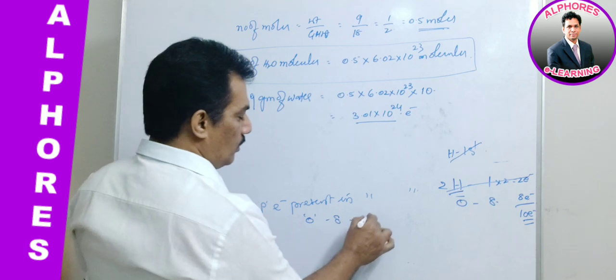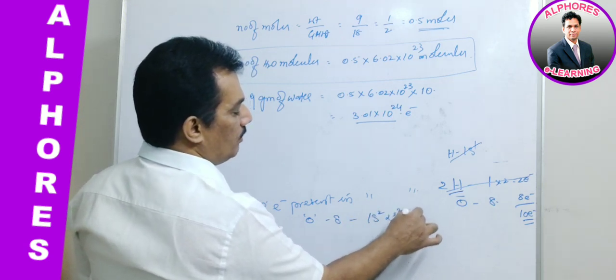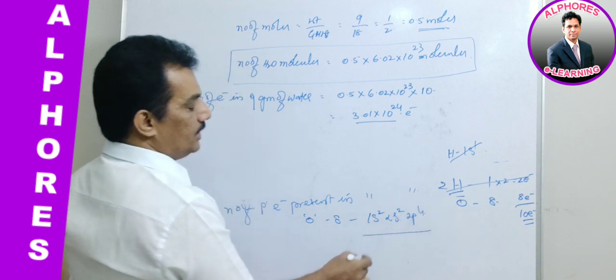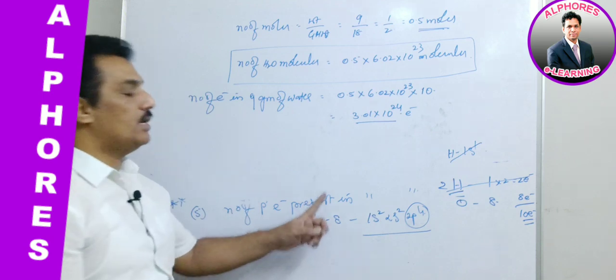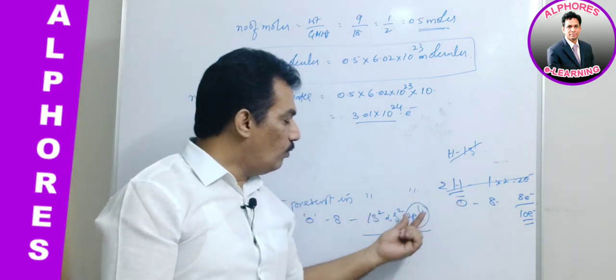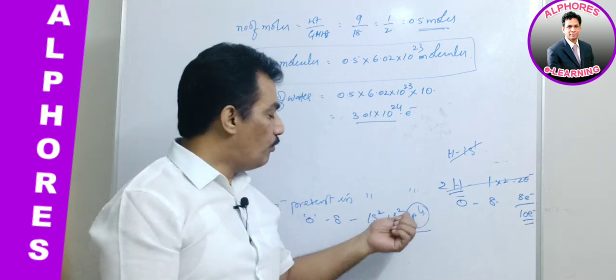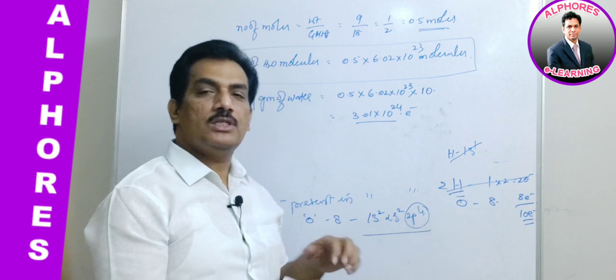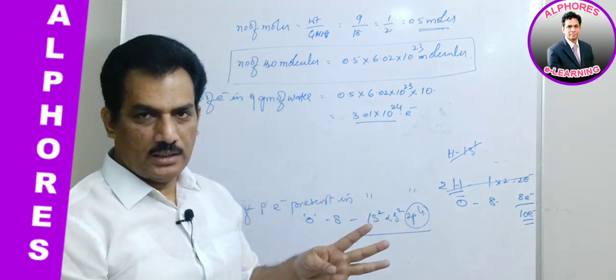That is nothing but 1s2, 2s2, 2p4. Of these, only 4 electrons are present in the p orbital. In each water molecule, one oxygen atom is present. In each oxygen atom, 4 p electrons are present. That means in one water molecule, only 4 p electrons are present.